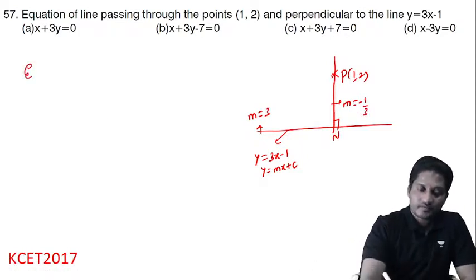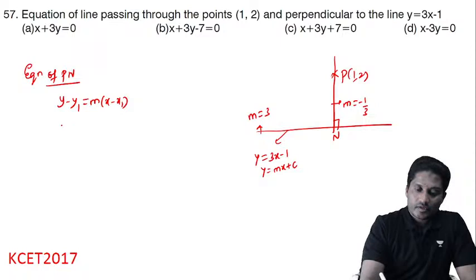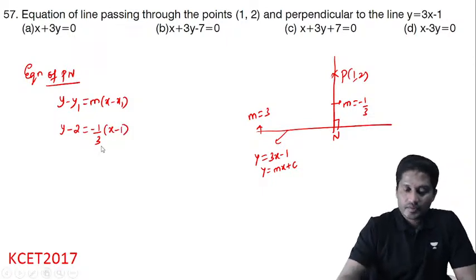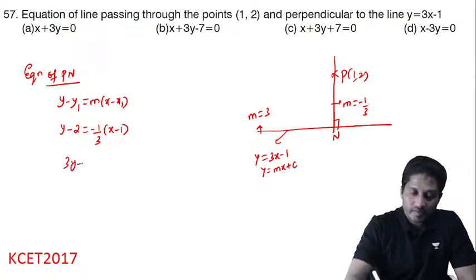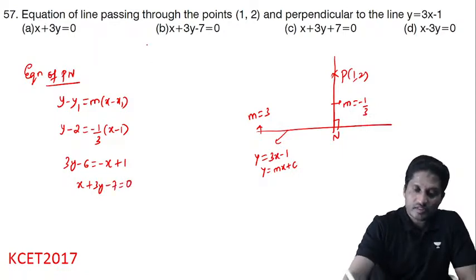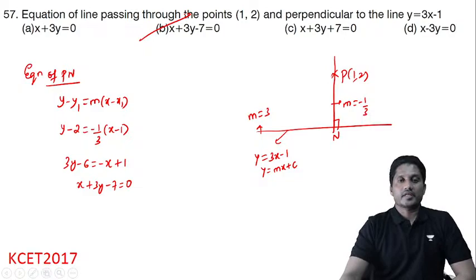Equation of the line will be y minus y1 equal to m into x minus x1. You will get y minus 2, slope is minus 1 by 3, x minus 1. So if I cross multiply, you get 3y minus 6 is equal to minus x plus 1. That is x plus 3y minus 7 equal to 0. That is the equation of the line, guys.